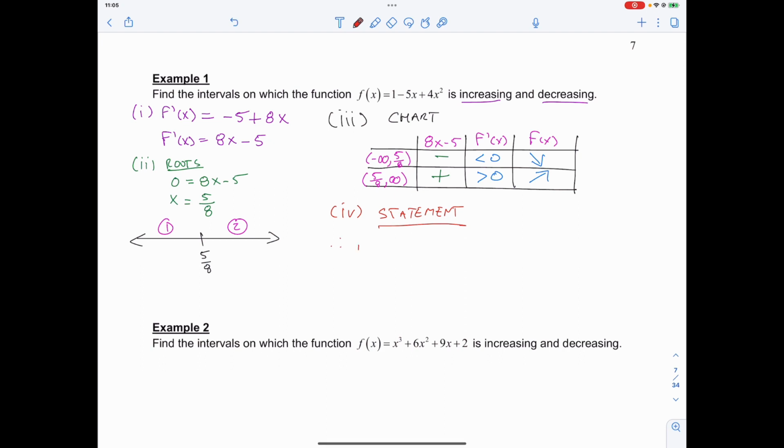Therefore, f of x is decreasing when x is an element of negative infinity to 5/8, and increasing when x is an element of 5/8 to positive infinity.